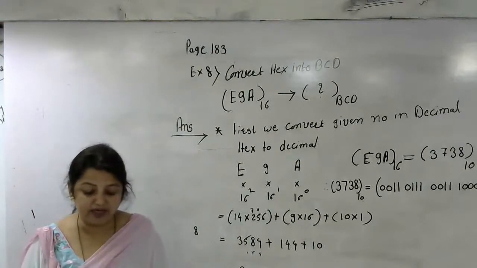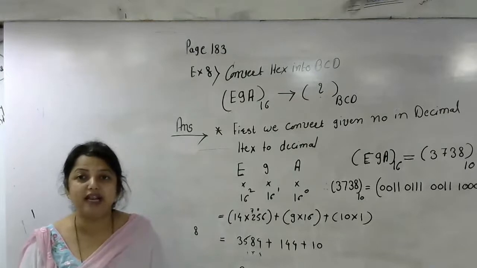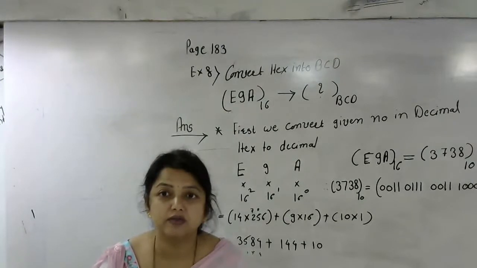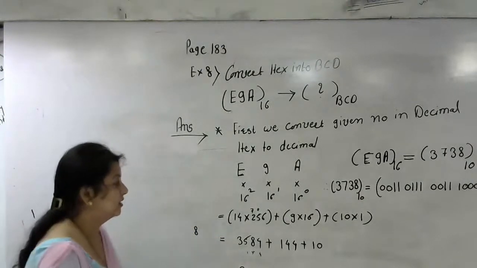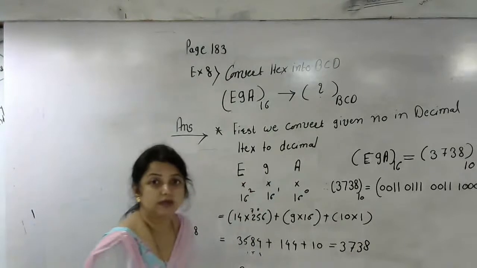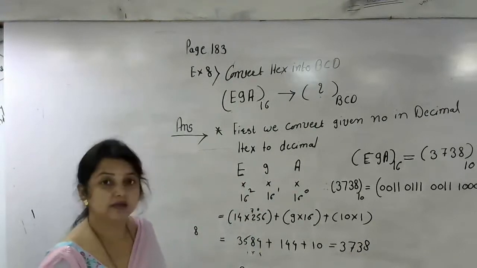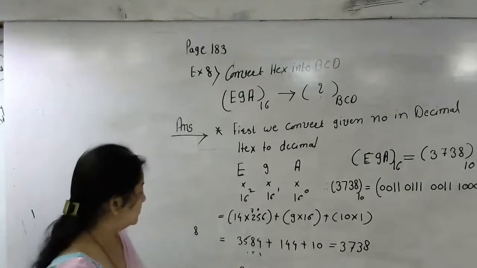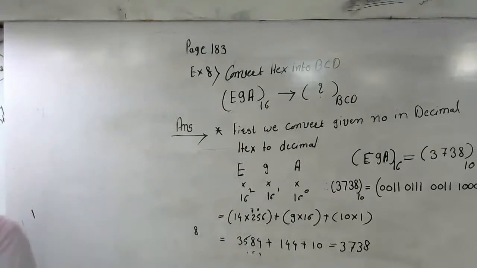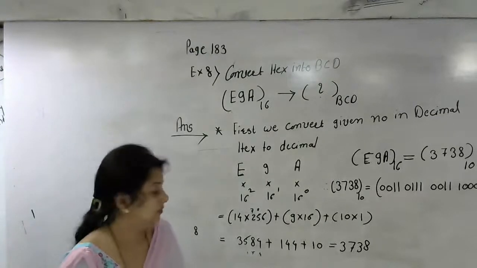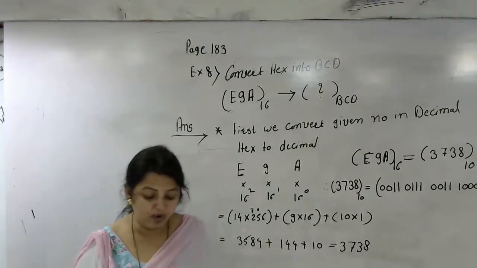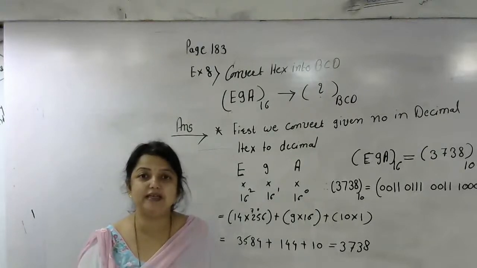F means you have to take 15, 4 as it is, and B means you have to take 11.